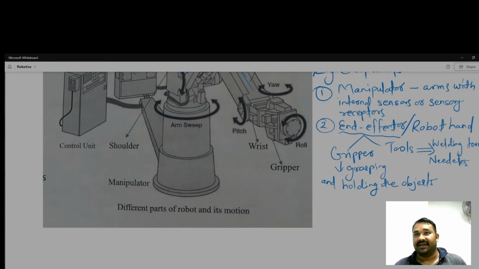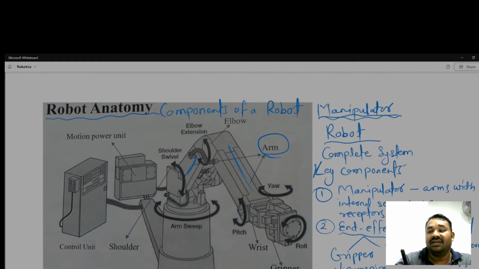Okay, so like that. Now we can see here the end effector.